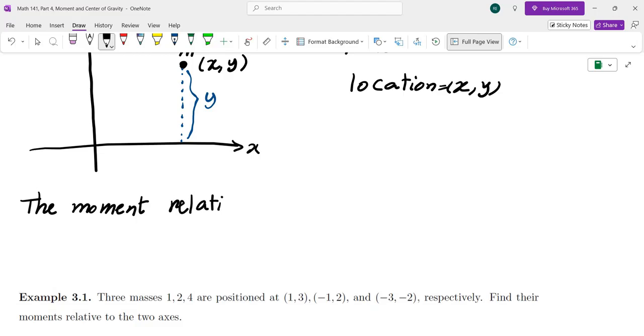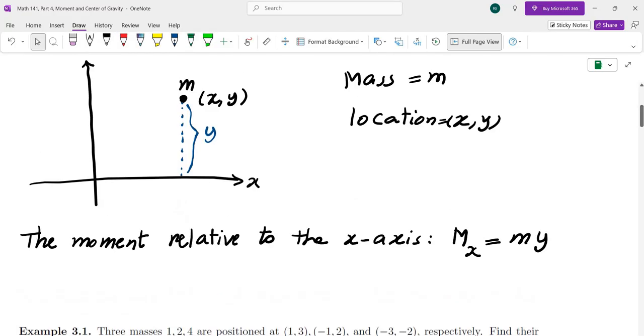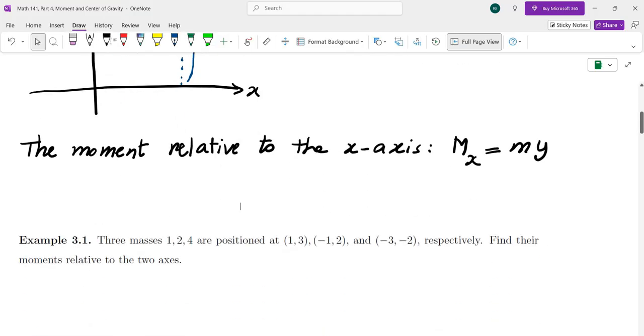We usually denote that by M sub x, it's the mass times y. And moment relative to the y-axis would be mass times the distance to the y-axis, which is x. So moment with respect to the y-axis would be m times x. It is the same thing, except that it's with respect to the y-axis.